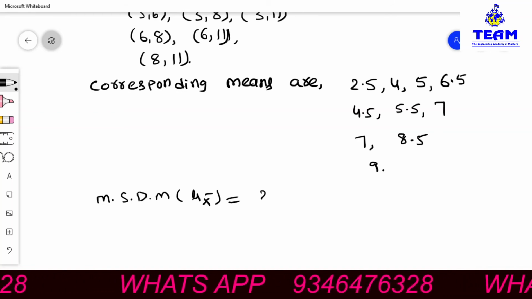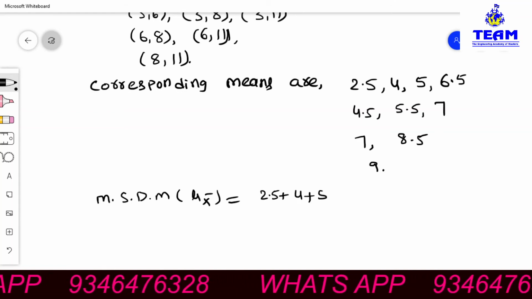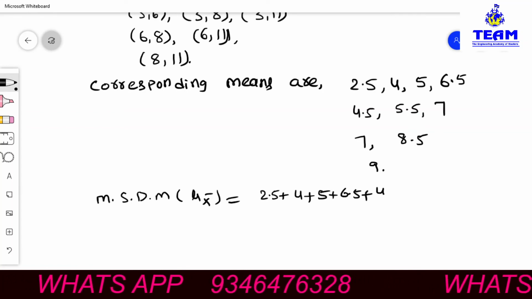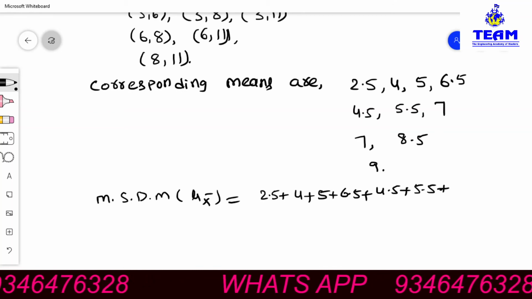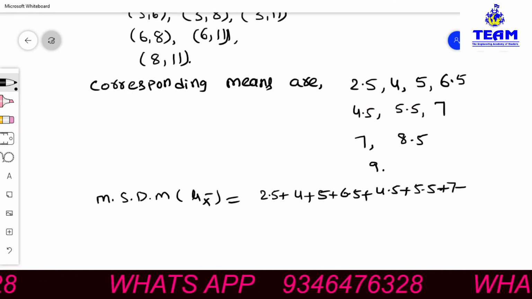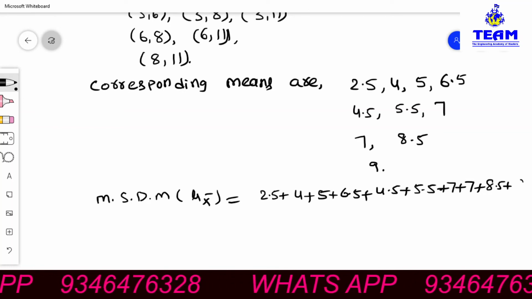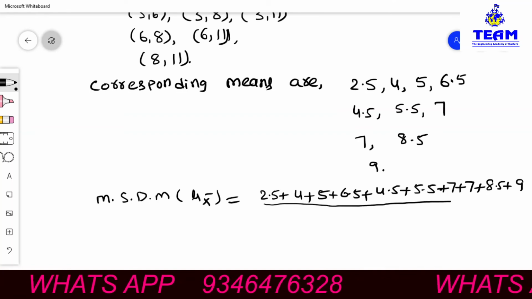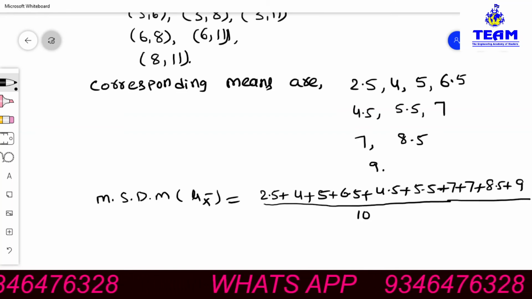So we get 2.5 plus 4 plus 5 plus 6.5 plus 4.5 plus 5.5 plus 7 plus 7 plus 8.5 plus 9, whole by 10.